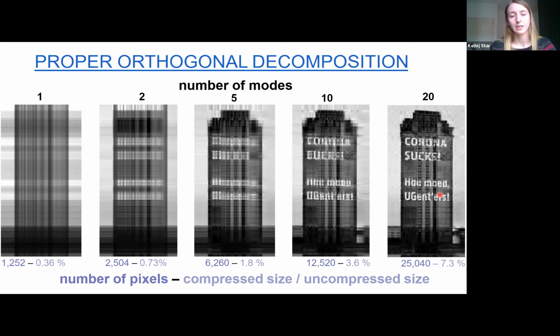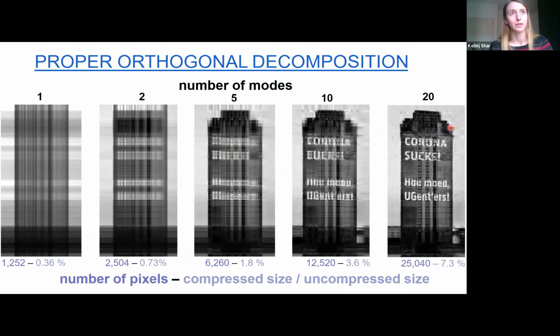And if including, let's say, 20 modes, we get back to our core message. It's not as accurate, of course, but the reconstruction based on this number of modes is about 25,000 pixels, which is only a few percent of the original 300,000 pixels.